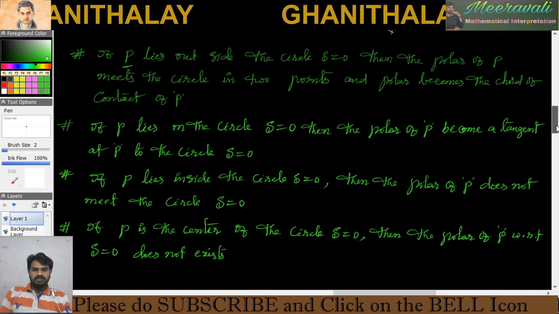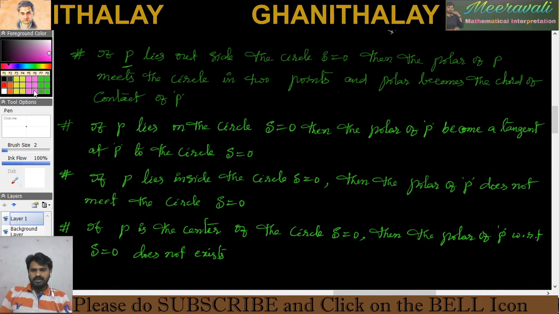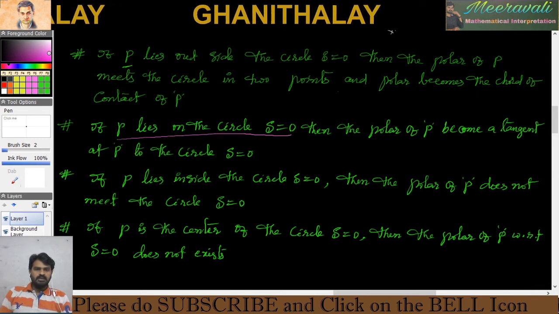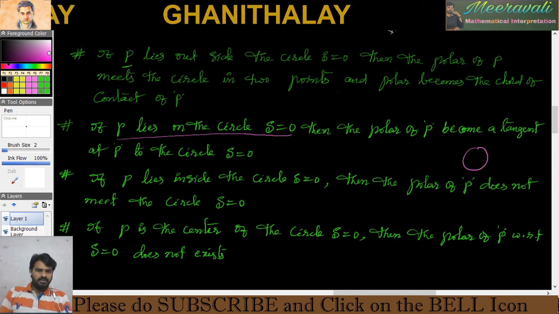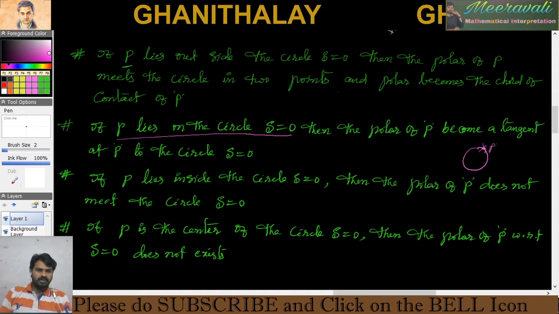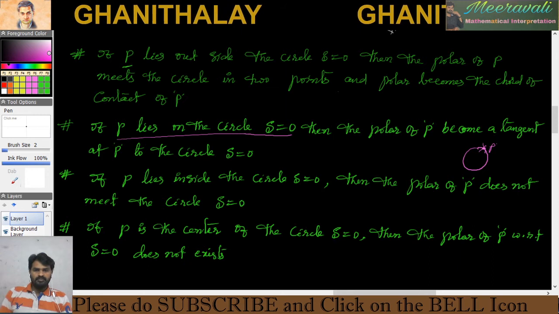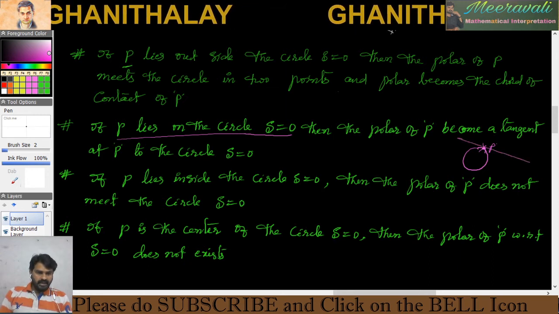In the second case, if P is a point which lies on the circle, if you take any point P on the circle, now the polar of P is the tangent at that point.